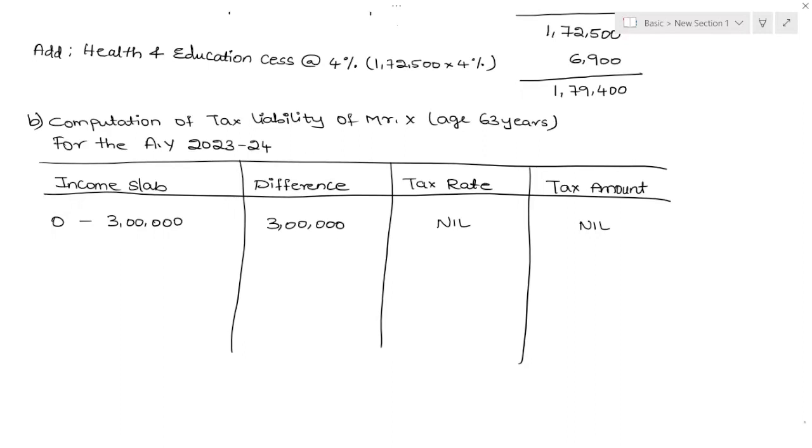Very good. 3 lakhs to 5 lakhs rupees. Difference 2 lakhs. Tax rate 5%.